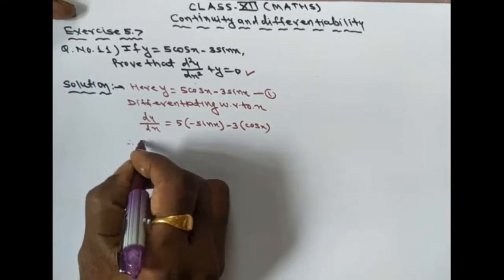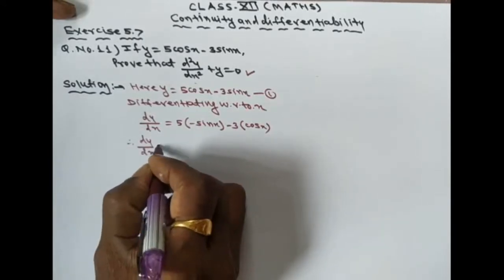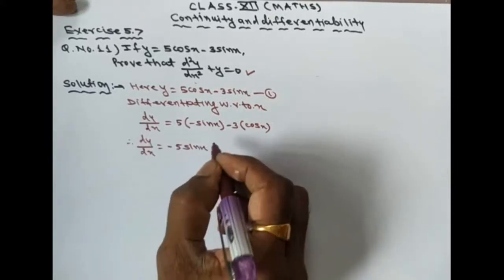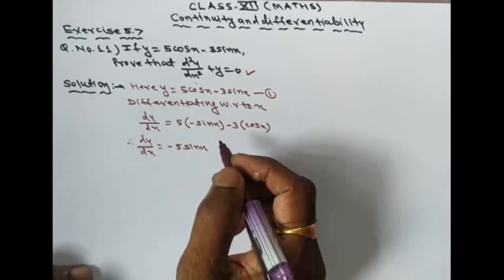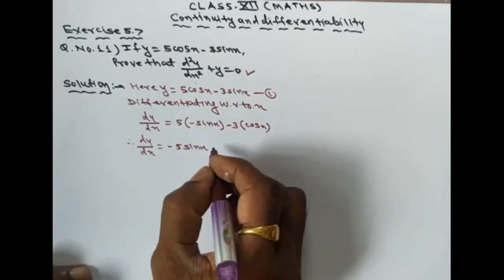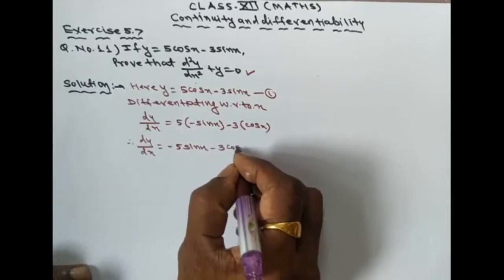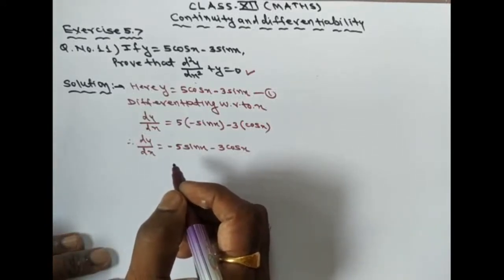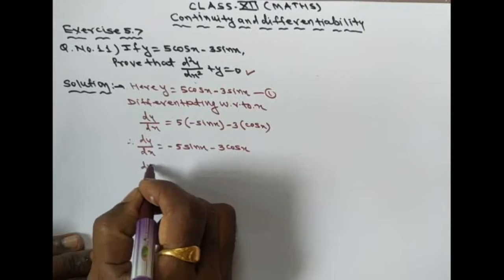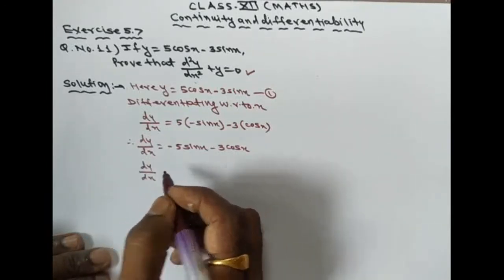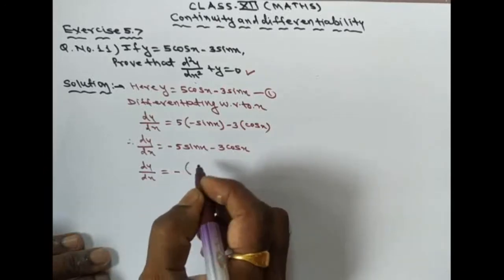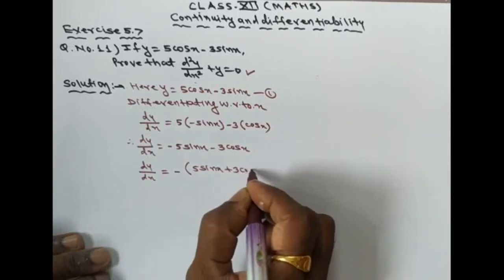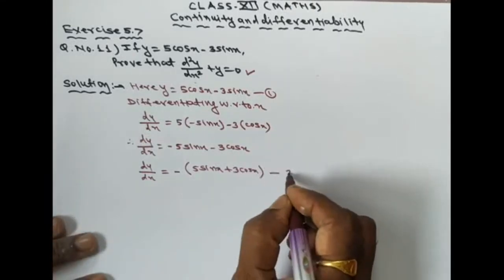Therefore dy by dx equals minus 5 sin x minus 3 cos x. Taking minus common, dy by dx equals minus (5 sin x plus 3 cos x). Okay, so this is dy by dx.